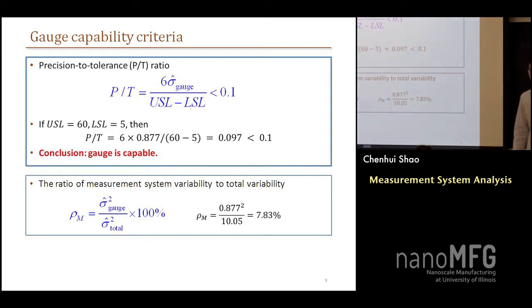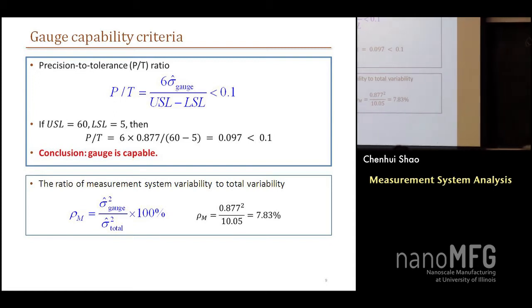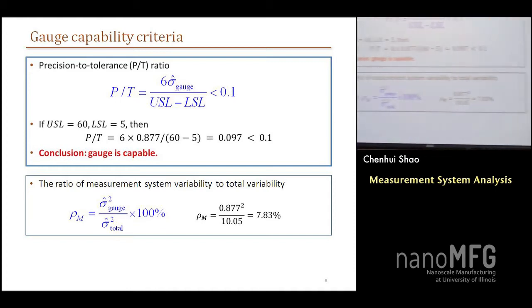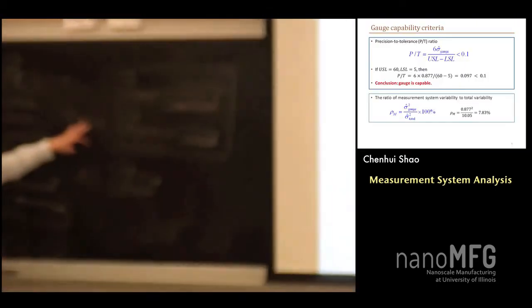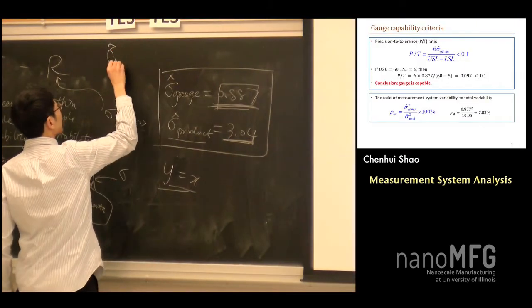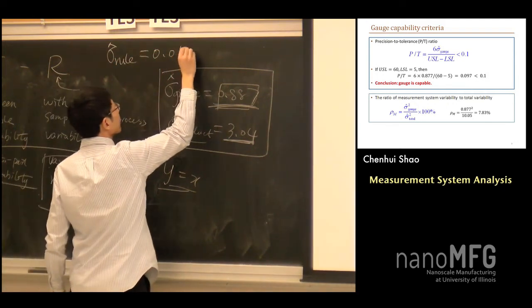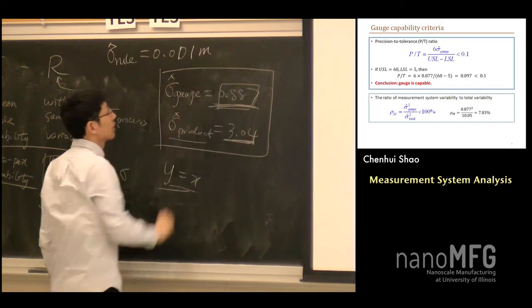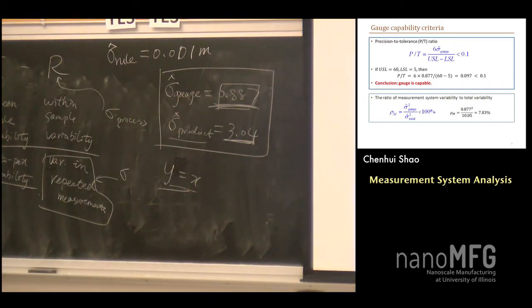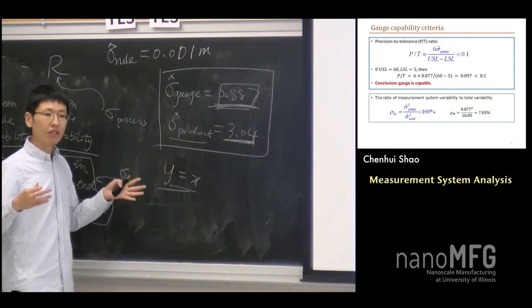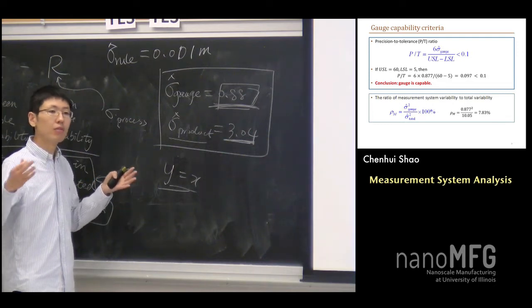If I want to measure, let's say, a board dimension, and my sigma gauge hat, sigma ruler hat, is 0.01 meter in measuring this dimension, do you think it's good? Let's say my upper and lower specification limits are in the millimeter or maybe centimeter range.